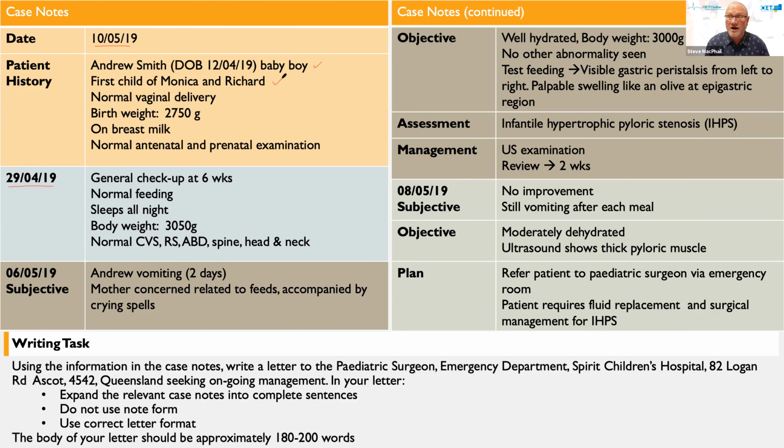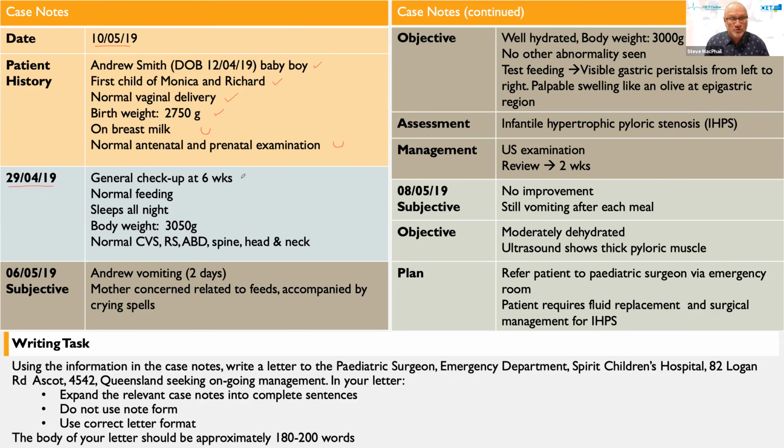The first child we would consider important. Normal vaginal delivery and a birth weight. All these might be considered important. Perhaps we may mention the breast milk, that might be useful. Certainly type in what you think. Normal antenatal and prenatal examination, that might be useful.